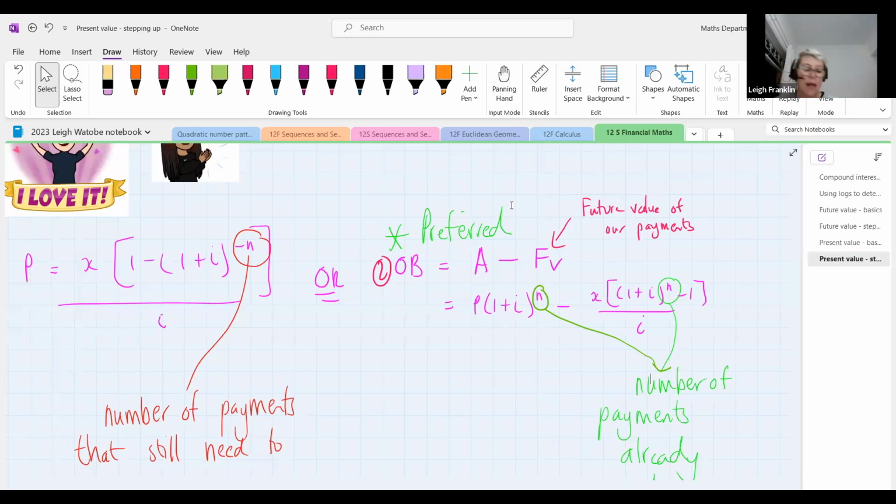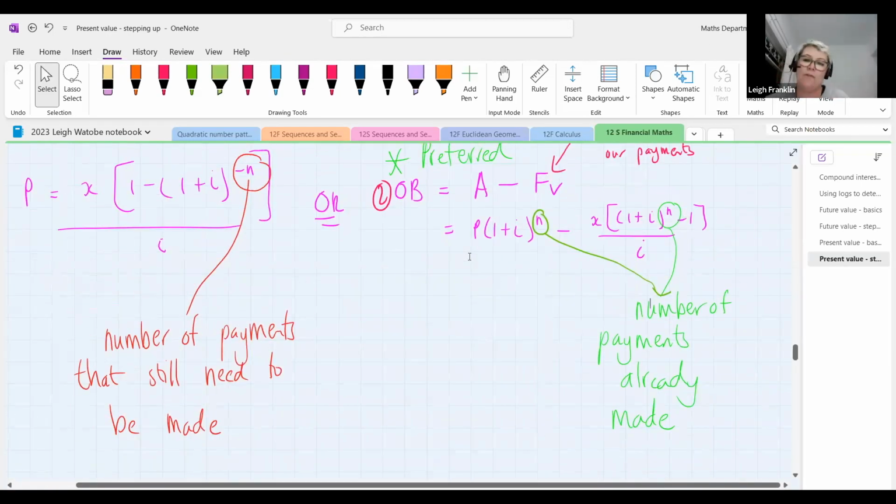The reason that method number 2 is preferred is because it will work in every single situation. The one on the left also works in most situations, but if they were to give you a question where you did not know the duration of the loan, then you may not be able to work out the number of payments that still needed to be made. You will always know the number of payments that have been made.